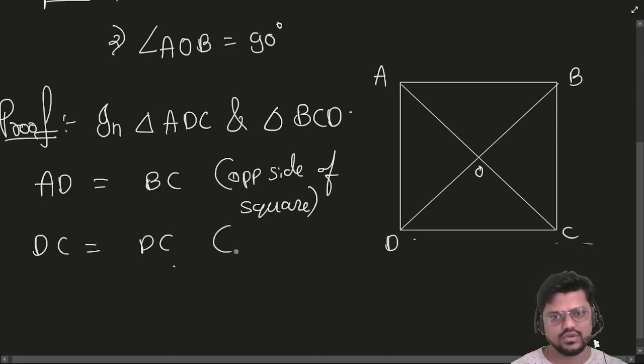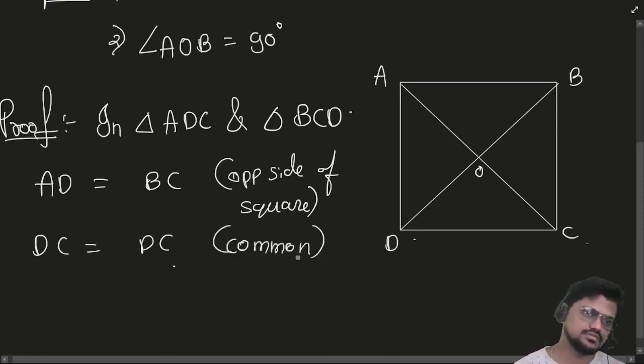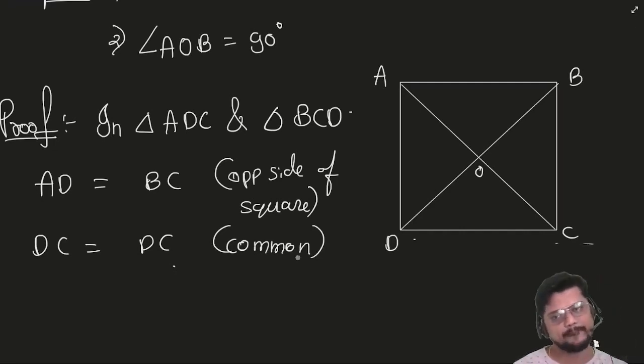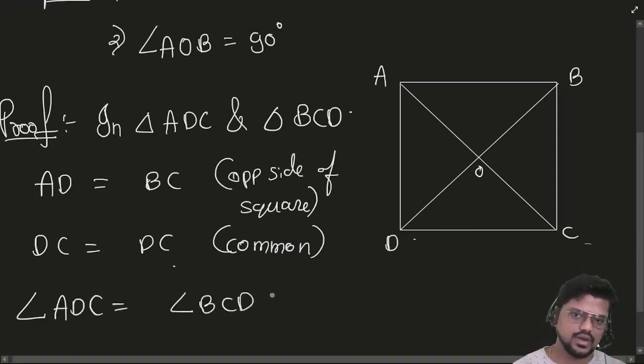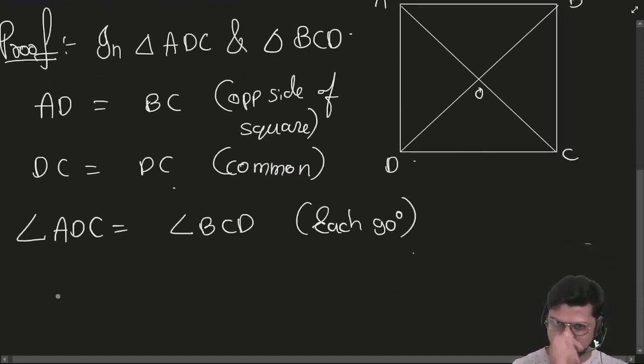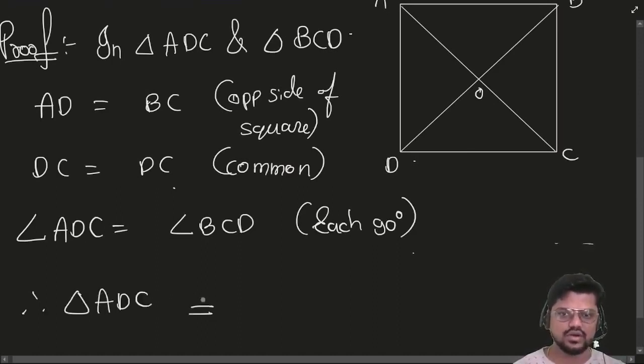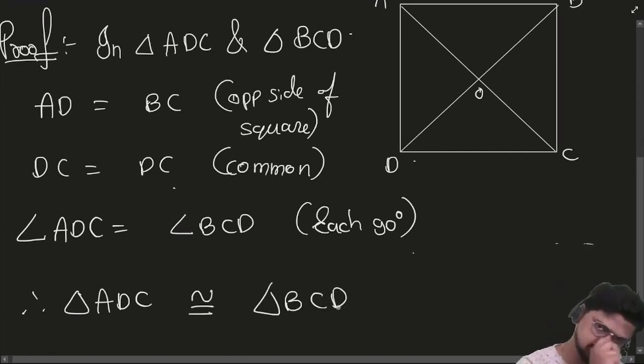How? Common. They both are common. After that, angle ADC is equal to angle BCD. Why? Each 90.